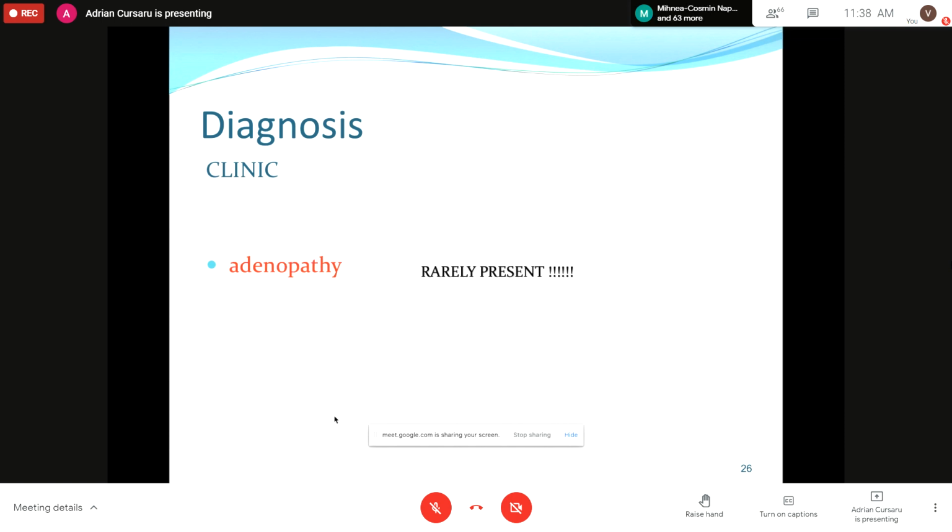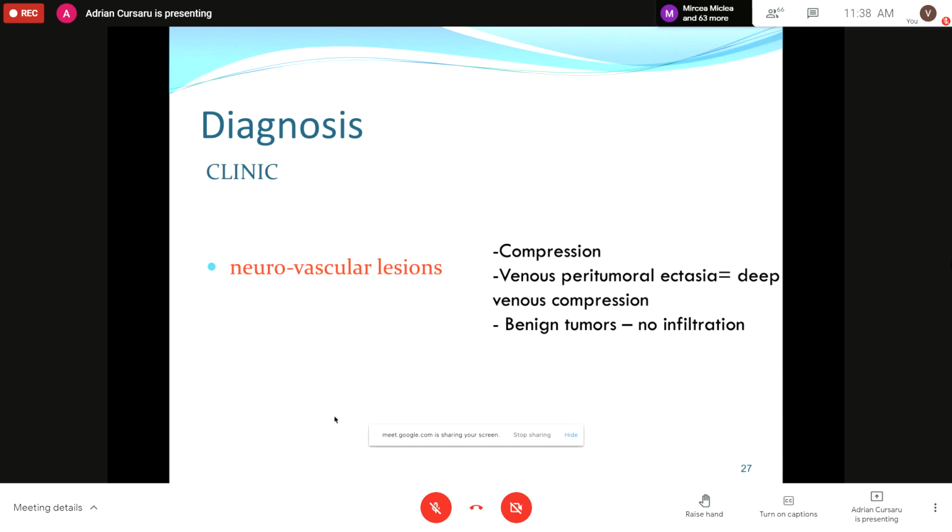We discussed adenopathy. It isn't represented in bone tumors, but the neurovascular lesions are very important for us because we have to make some procedures preoperatively, to make an embolization for that type of vascular lesions of the tumors.